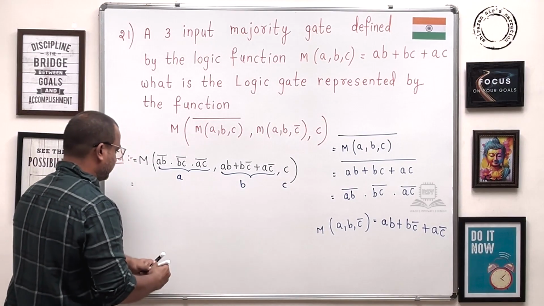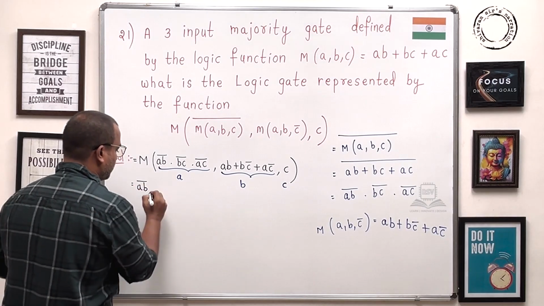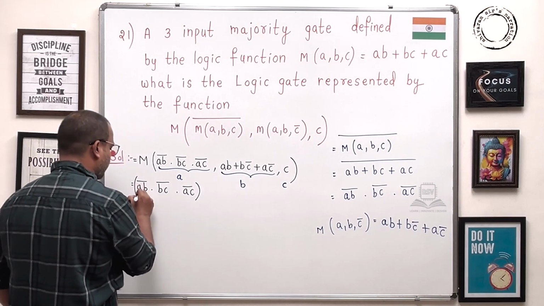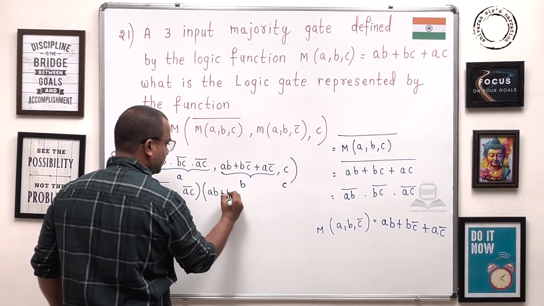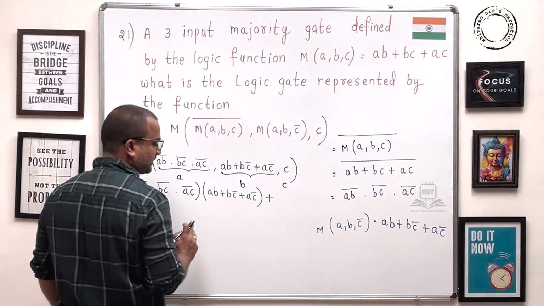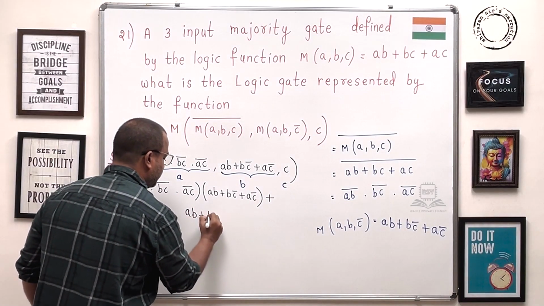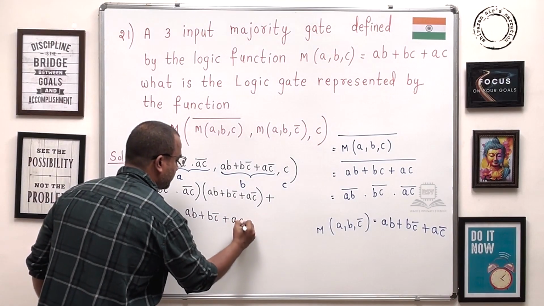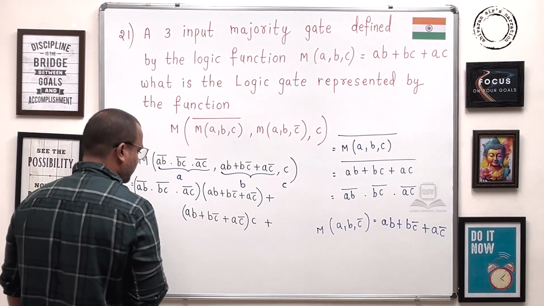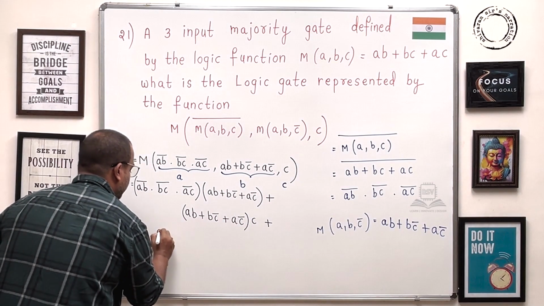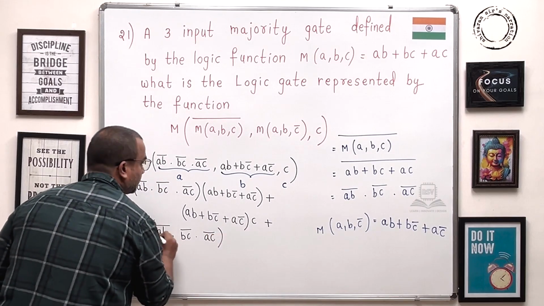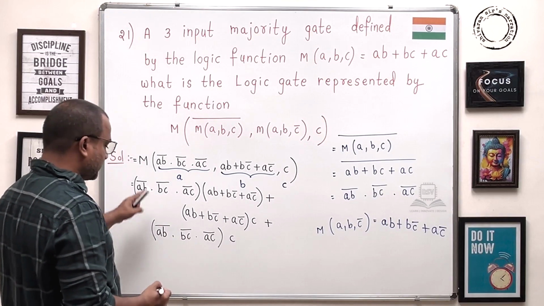So this one into this, that is AB whole bar, BC whole bar, AC whole bar into this one, AB plus BC bar plus AC bar, plus B into C, that is AB plus BC bar plus AC bar into C, plus again AC, that is AB whole bar into BC whole bar into AC whole bar into C. Okay guys, this is the finalized function.